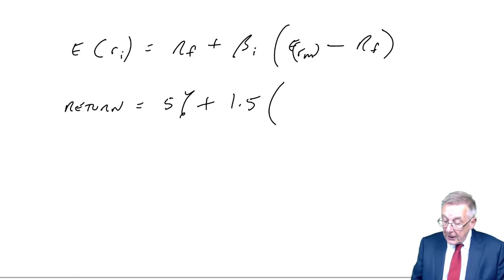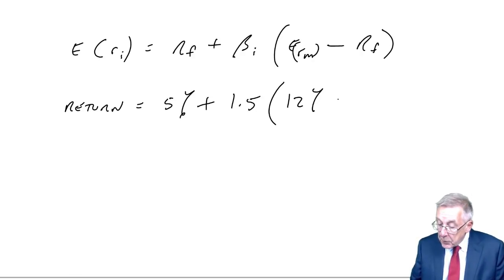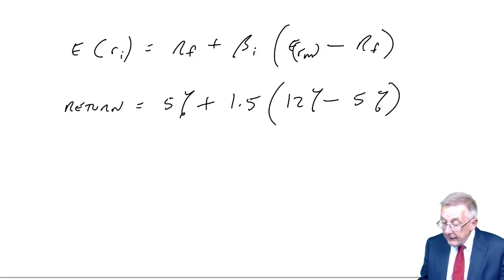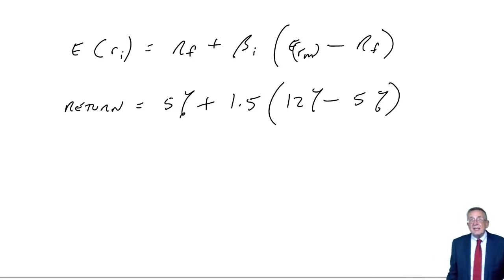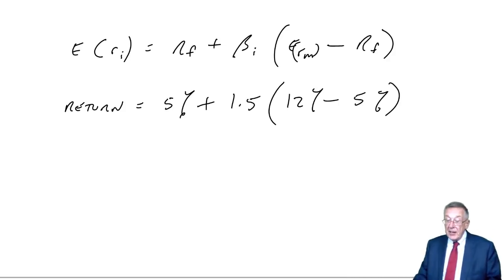The market's giving a return of 12%, which is a premium above risk-free of 7. It's giving 7% more than risk-free for the risk of the market as a whole. We're 1.5 times as risky, and therefore we want 1.5 times the premium.